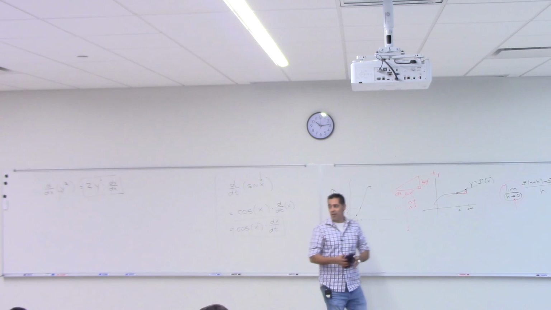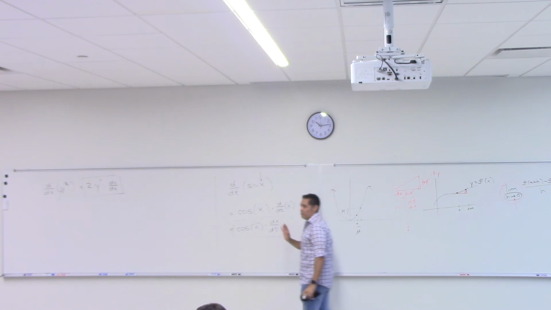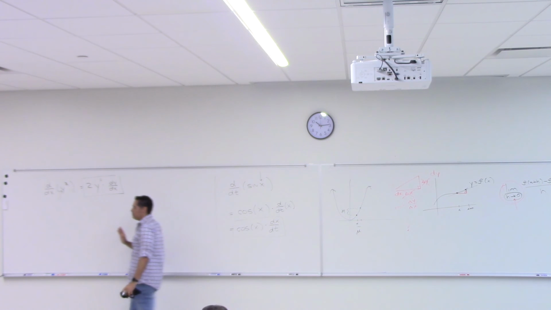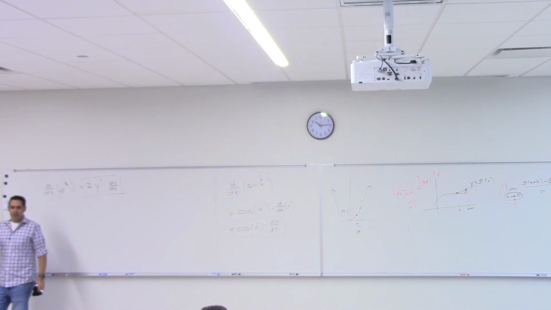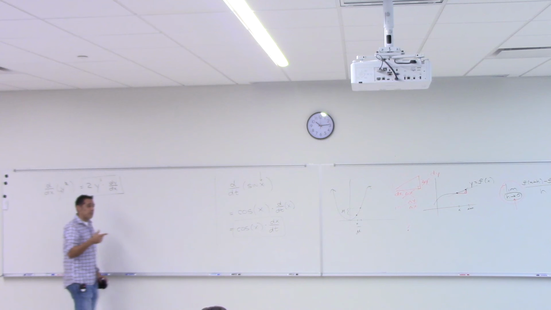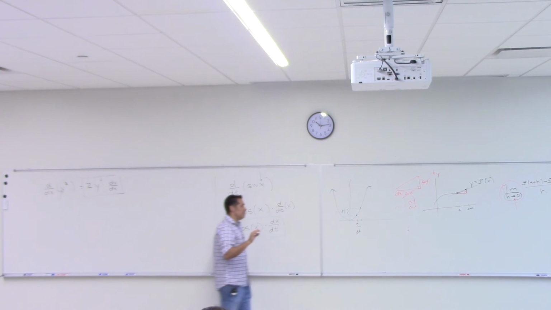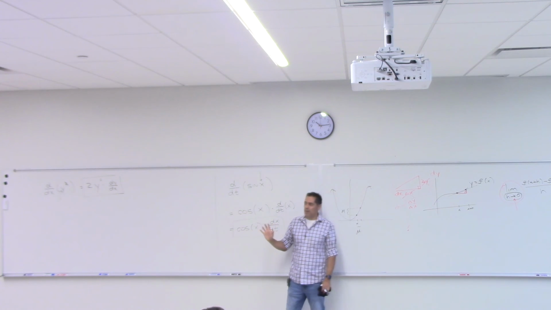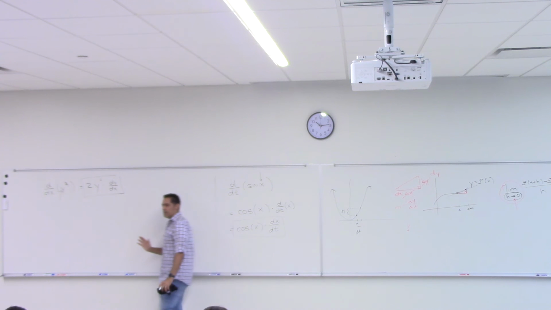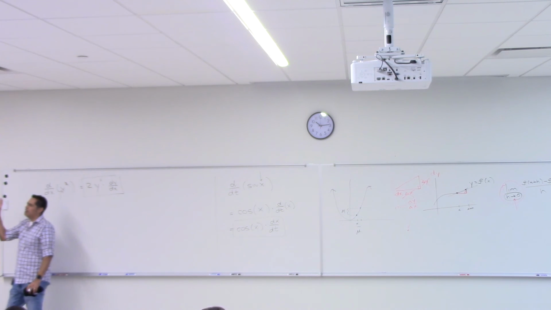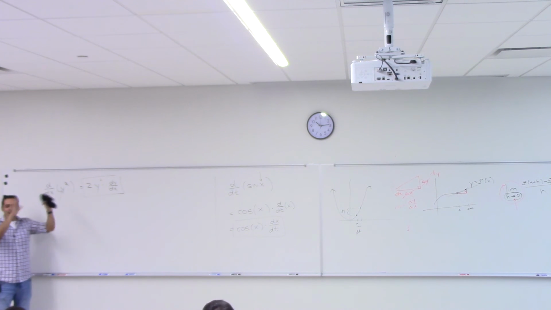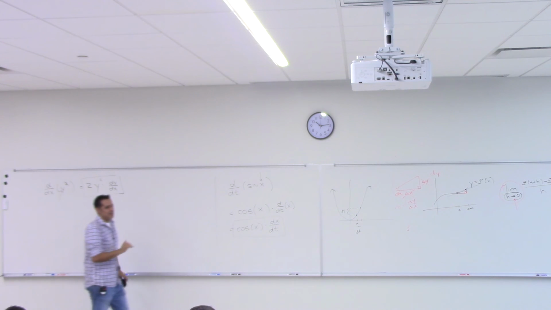And next week we start doing the dreaded word problems. I've told you about these? Related rates is what we're going to do next week. Related rates are word problems. And if you ask any Cal 2 student what they hated about Cal 1, they're going to say related rates. Unless they've completely blocked it out of their minds. They may have forgotten it because they hated it so much.